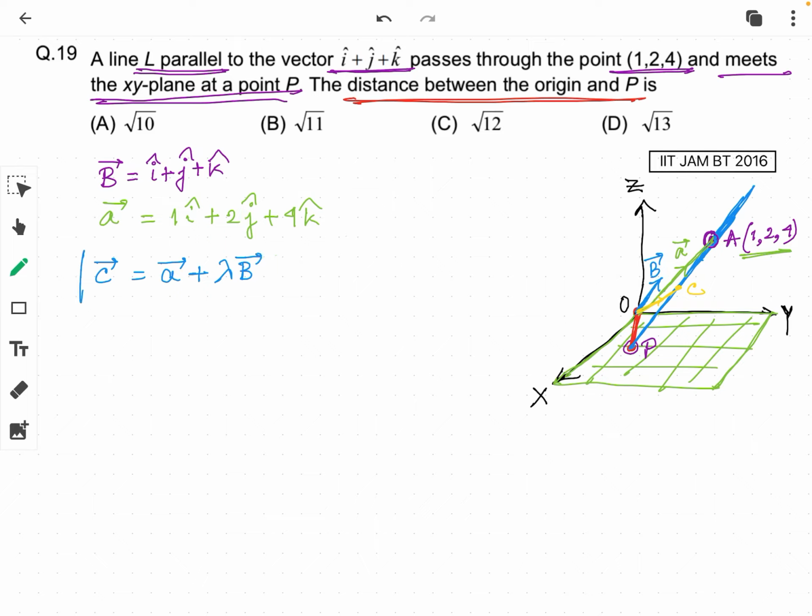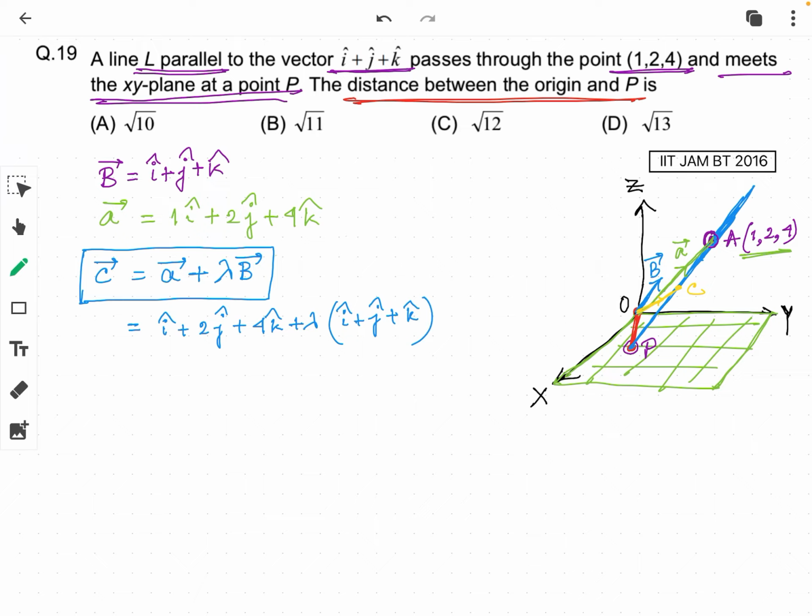Okay, this is the equation of the straight line L, which is parallel to the vector B and passing through the point A. If we simply put the values of A and B, we get i cap plus 2 j cap plus 4 k cap plus lambda times i cap plus j cap plus k cap.